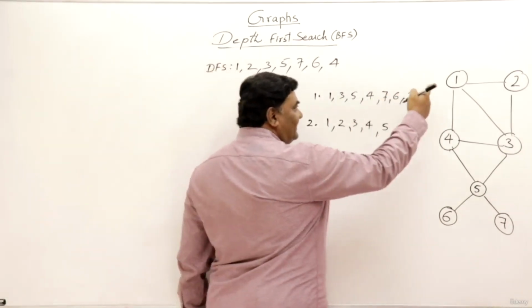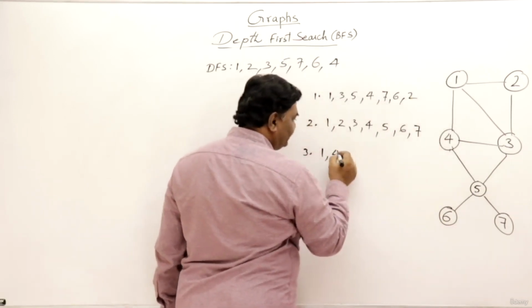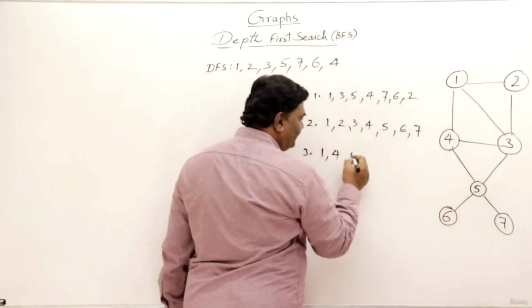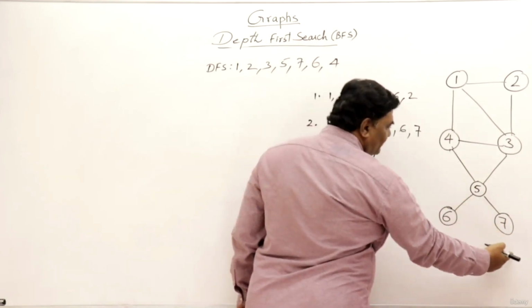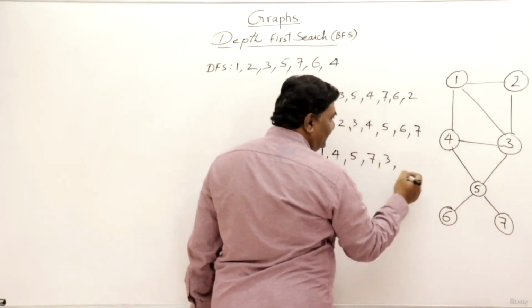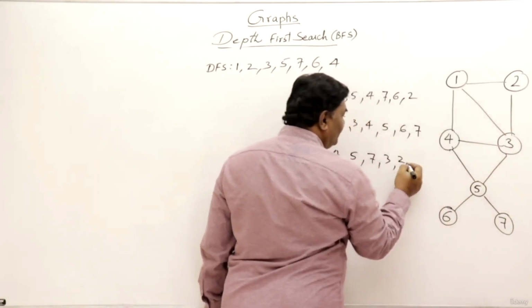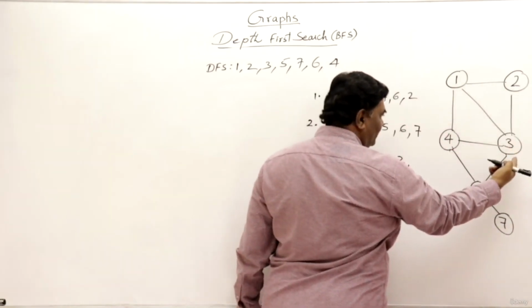Then one more. Third one. I'll start from vertex 1. Then I'll go on 4. From 4 I will go on 5. From 5 I will go on 7. From 7 I cannot go further. Come back to 5. Then from 5 go to 3. From 3 go to 2. From 2, this is already visited. Go back. From 3 I cannot go anywhere.